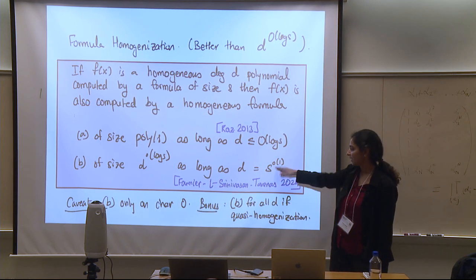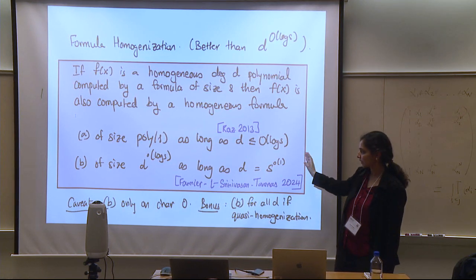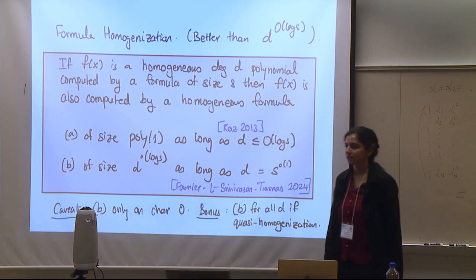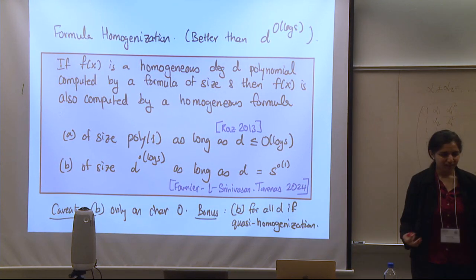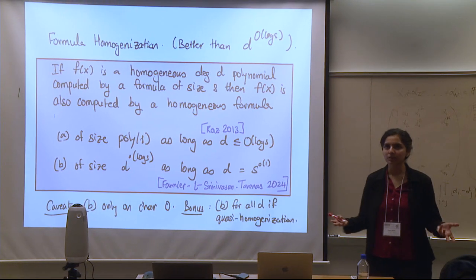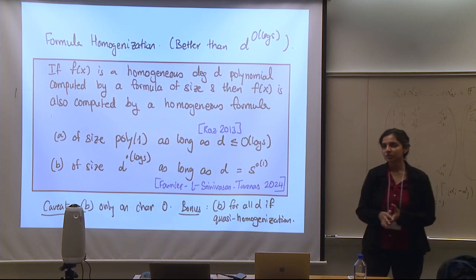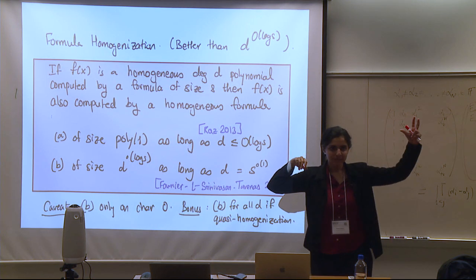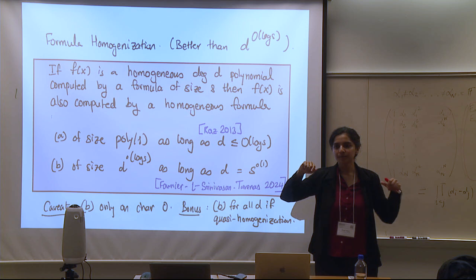And if the degree is slightly large but not all the way, then you do get d to the little o log s. And why do I want to tell you such a technical statement? This whole series is supposed to be an overview, a bunch of results that you can take back, concrete stuff.